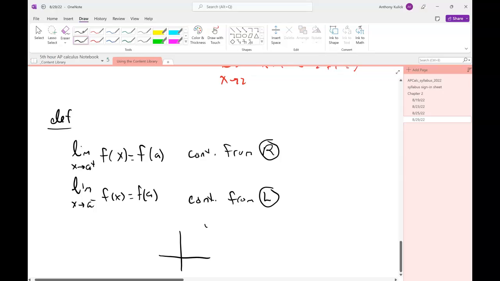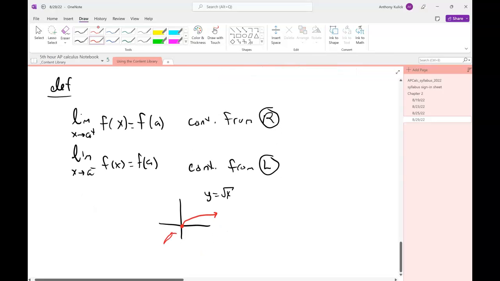Let's say we have a function like y equals the square root of x. That has a definite beginning at 0, 0. So here at 0, 0, do we have continuity from the left? No, because the limit from the left doesn't exist. However, we are continuous from the right, since the right-hand limit would equal f of 0.